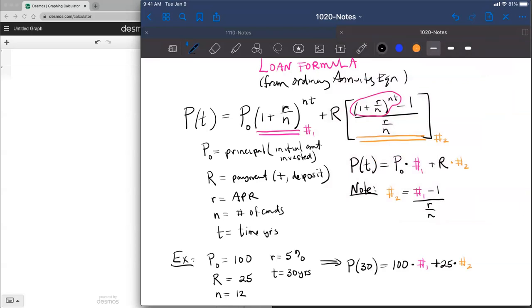To do this, we need to compute it on a calculator. I'm going to show that calculator step over here on the left in Desmos, and show the way I would do it, trying to do this as efficiently as possible.